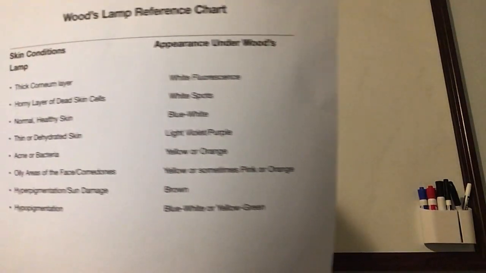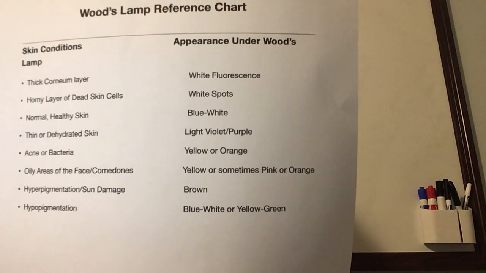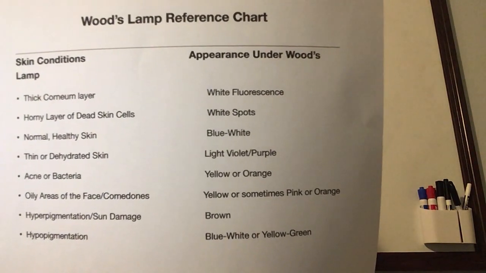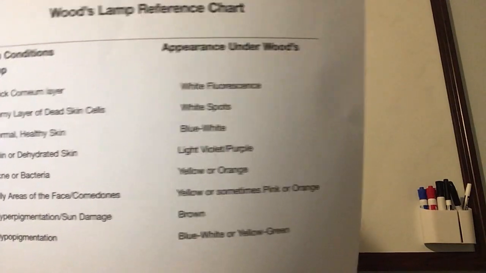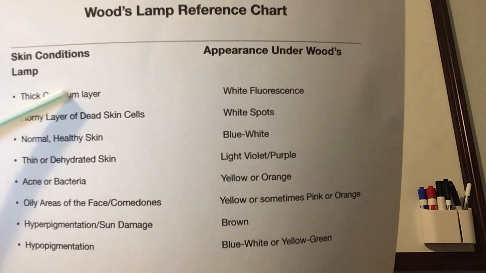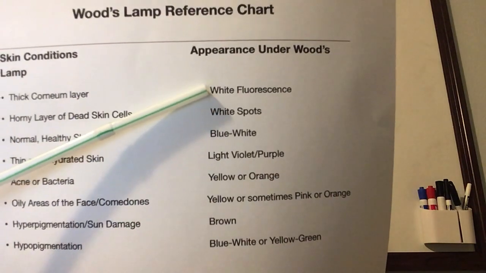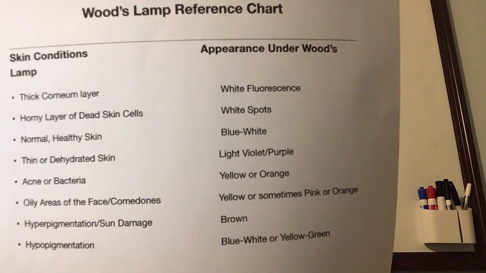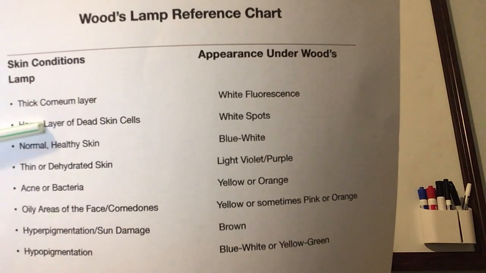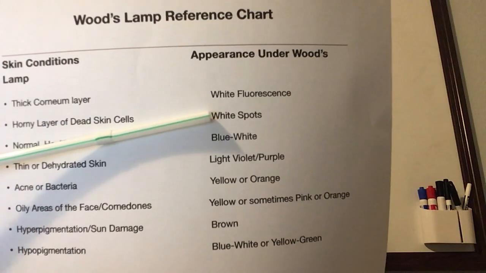I'm going to show you this little chart here. When you see a thick corneum layer of skin, it's going to appear white fluorescent. And the horny layer of dead skin cells shows as white spots.